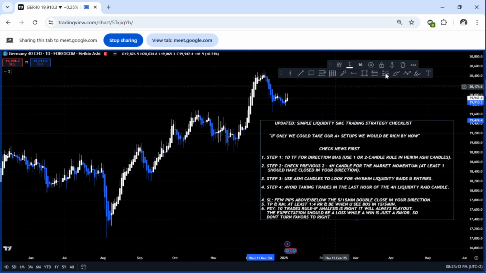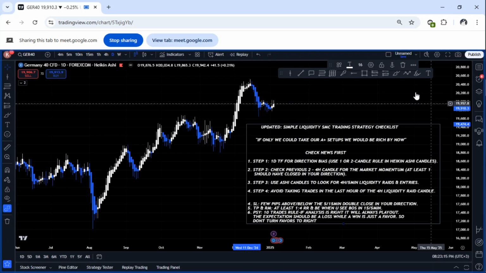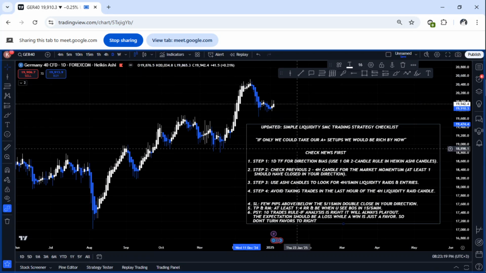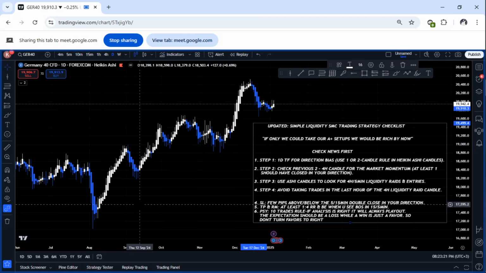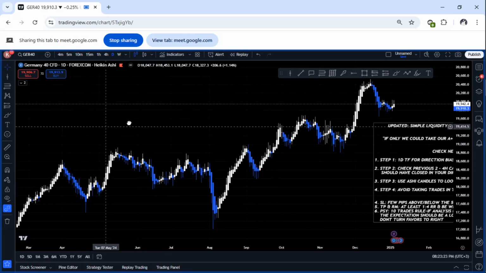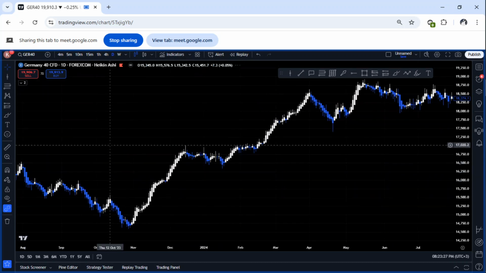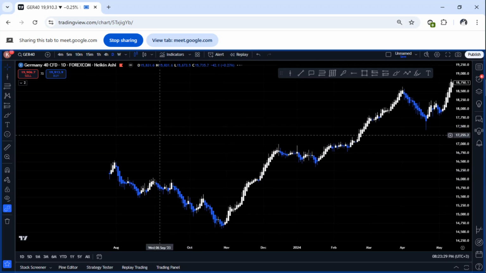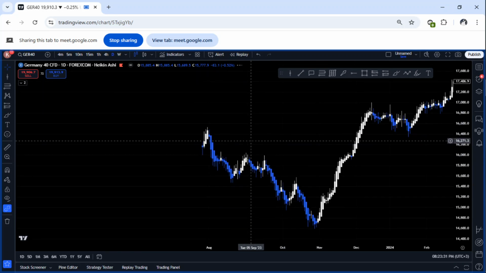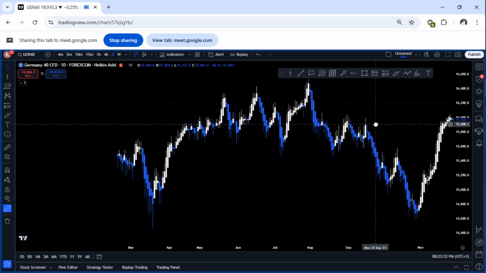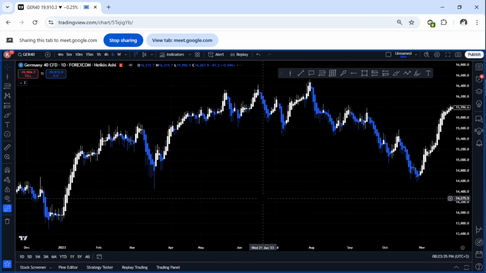Now there are different kinds of candles. The one I prefer is Heikin Ashi because of how smooth it is. You can see this is very smooth compared to the normal candle. If it is going up, it's going up.